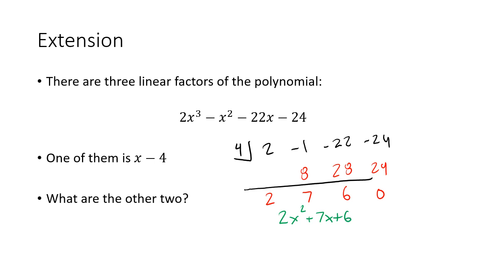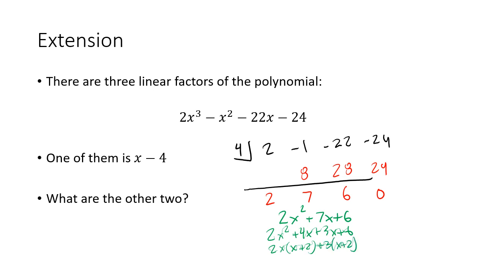Now, look, that's a quadratic, and we can use traditional means to factor that. So if we wanted to factor this quadratic, it looks like it's going to be 2x squared plus 4x plus 3x plus 6. So a 2x comes out, we're left with x plus 2, plus 3 times x plus 2.